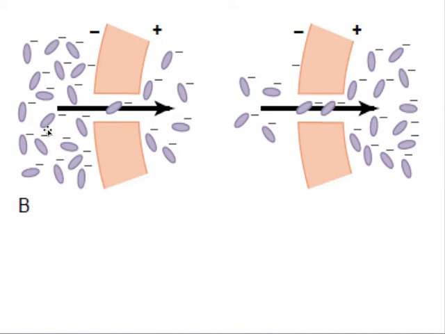Since the particles are charged, there will come a time when there is enough number of negatively charged particles on the other side of the membrane that they will not allow further movement of the negative charges toward this side, because there is already too much negativity, and this too much negativity is going to repel any further negative charges.